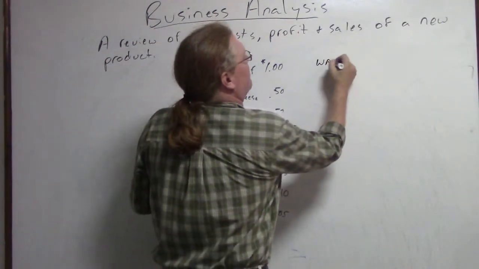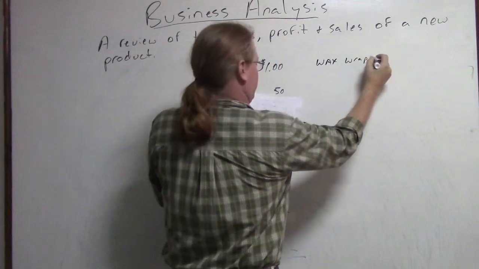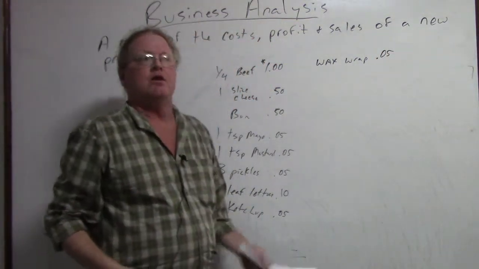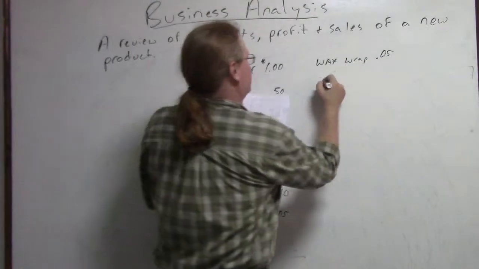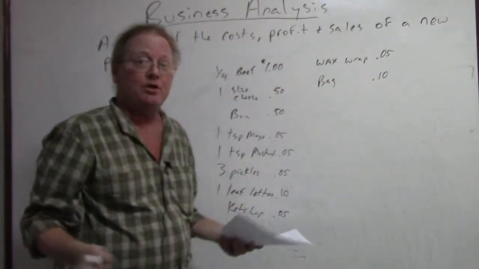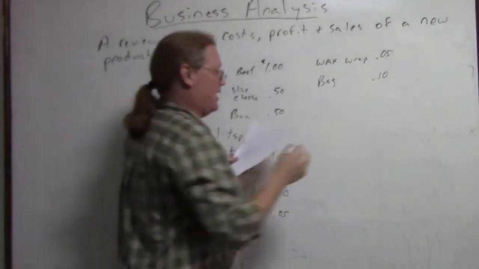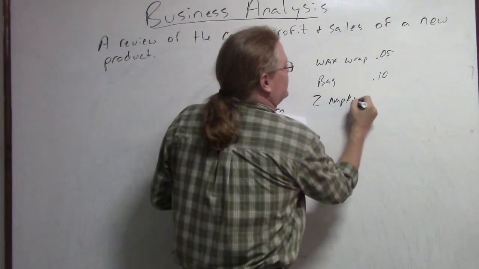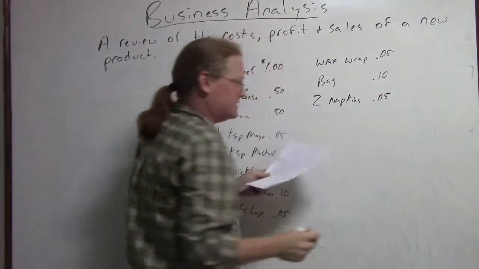We might need a wax wrap that would go around our burger because we can't just throw it in a bag. Oh yeah, we need a bag. Here's a bag. The bag might cost us 10 cents. If we want to put our name on it, it might cost 15. Are we finished yet? Well, we might need some napkins. 2 napkins might be 5 cents.